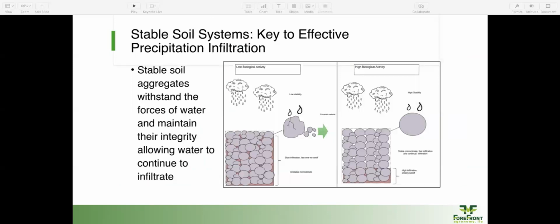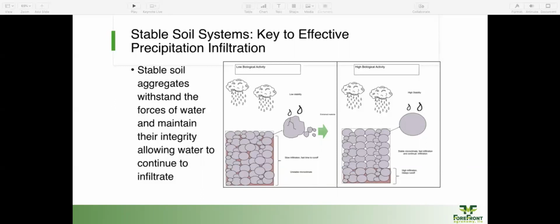So this is kind of an example here. As a rainfall drop or an irrigation drop falls to the surface, and you have low soil aggregate stability, you're breaking those apart and plugging these pores. What happens is that ground seals off, water ends up running off, and it takes forever for it to infiltrate.